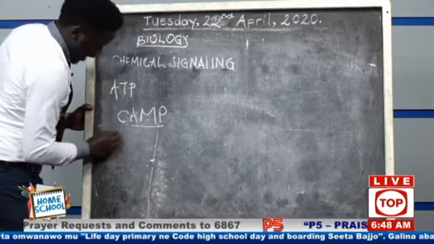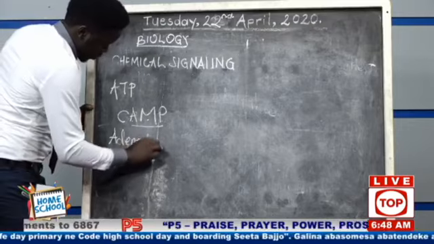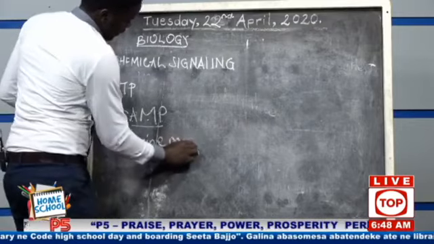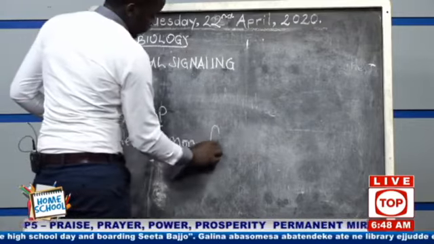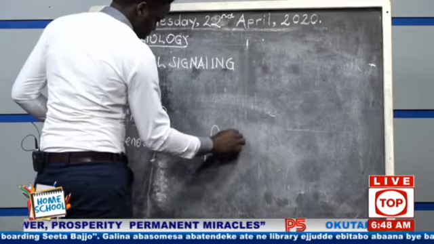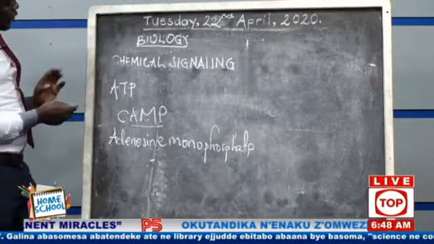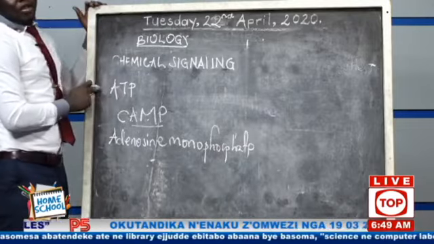This one is adenosine monophosphate. So cyclic AMP is a derivative of adenosine triphosphate.